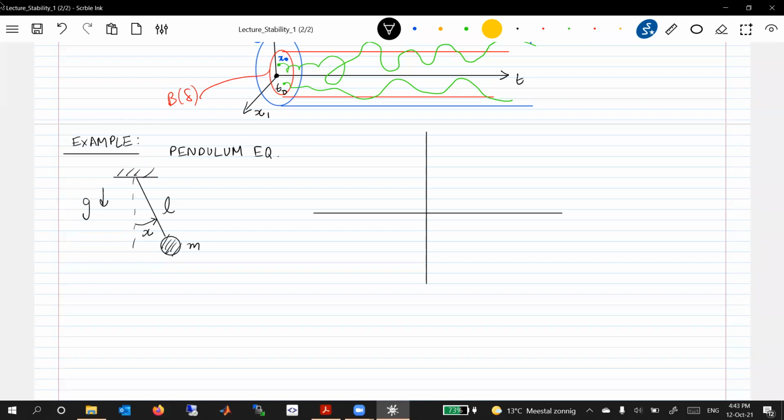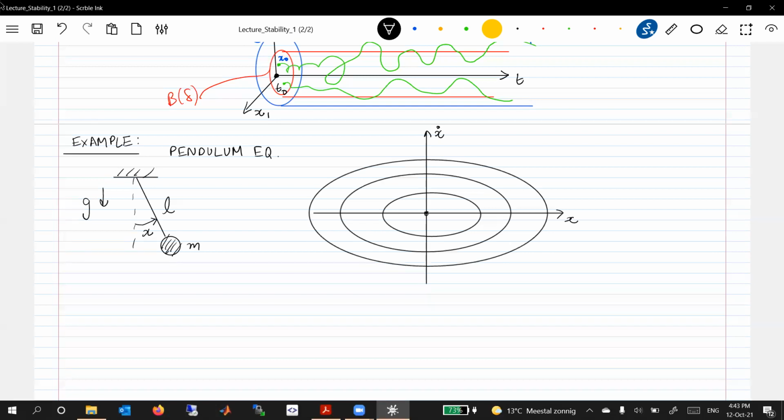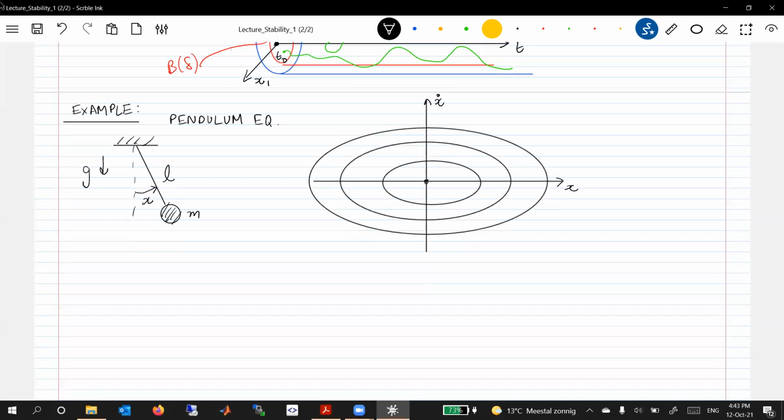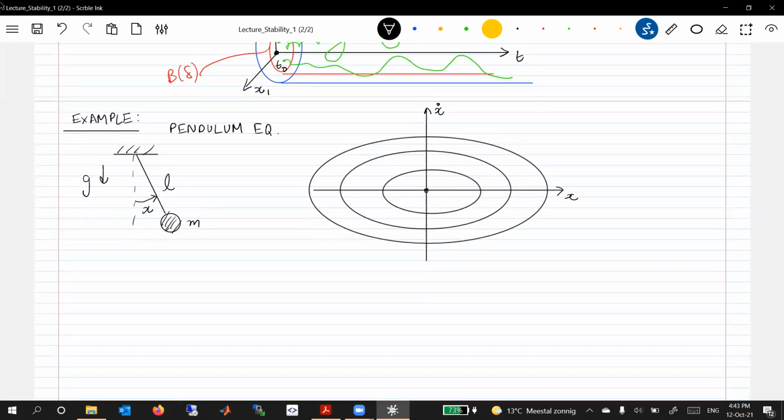we know the orbits around the origin, which is the fixed point. The phase space is two-dimensional with position on the x-axis and velocity on the y-axis. So this is the angular displacement, this is the angular velocity. We already saw in the exercise classes as well as previous lectures that the phase space consists of concentric orbits, which are not really circular, they are ellipses in general.